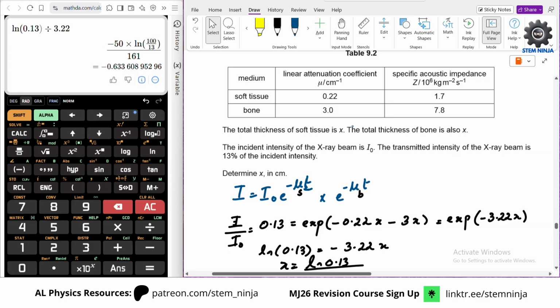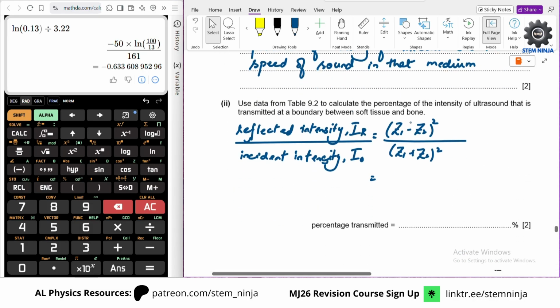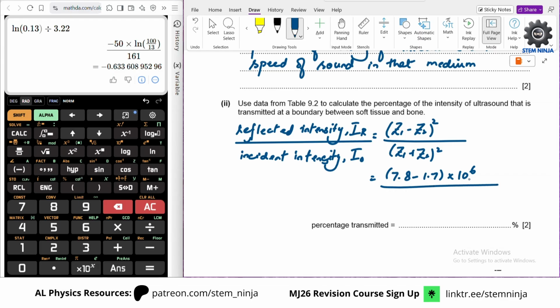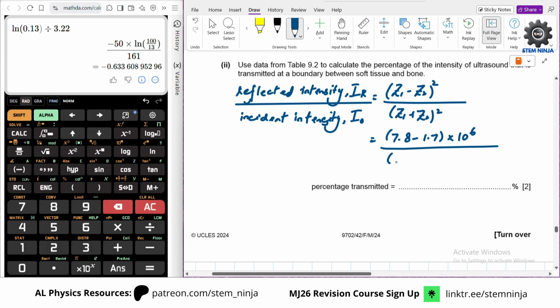So the graph gives 1.7 times 10 raised to the power 6, and 7.8 times 10 raised to the power 6. So you have 7.8 minus 1.7 squared, and then 7.8 plus 1.7 squared, with the 10 raised to the power 6 also squared. So obviously these will get cancelled.